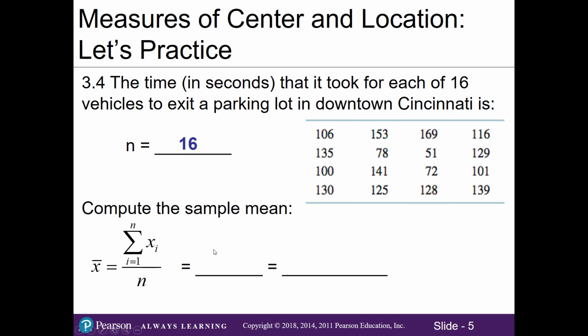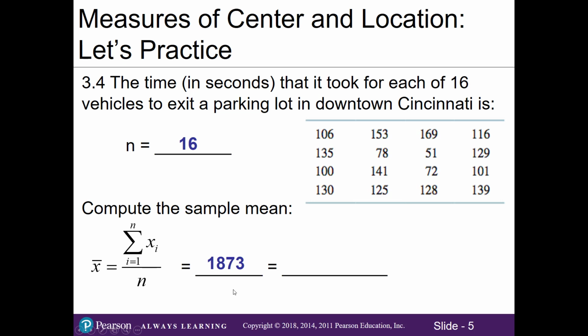Next, we'll go ahead and compute the sample mean. Here's our formula, where it tells us the first thing we'll do is add up all our values. So I'll use a calculator, for instance, and I will add up all 16 data points in my table here, and I will get 1,873. The formula then tells me that I need to divide my numerator by a sample size.